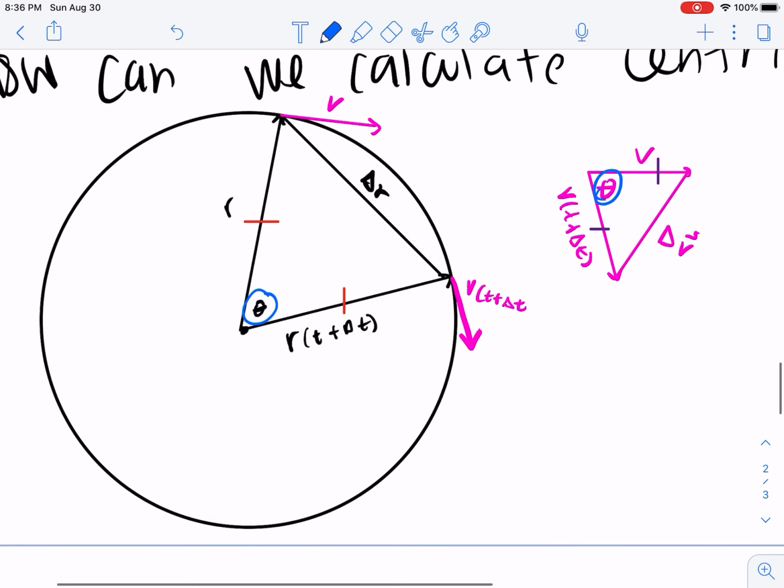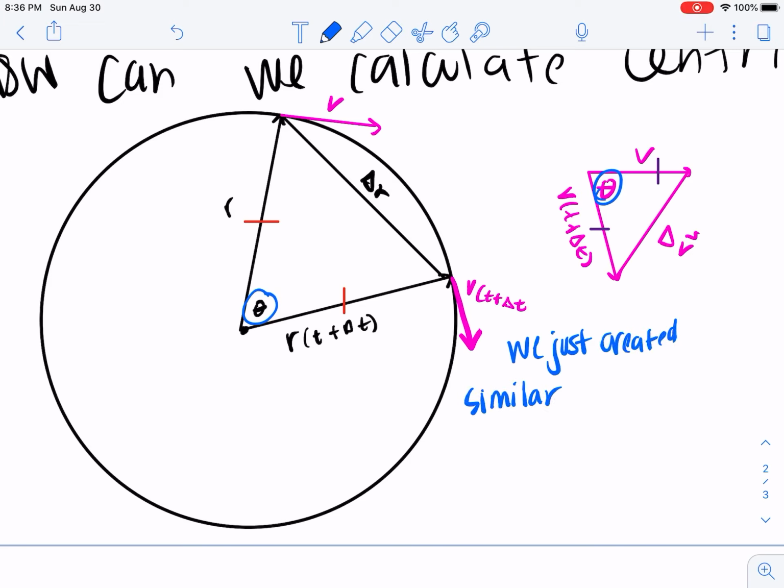What that pretty much just means is we just created similar triangles. And throwback, that would be your side angle side, side angle side kind of relationship there. So they're the same type of triangle and they have the same exact angle.